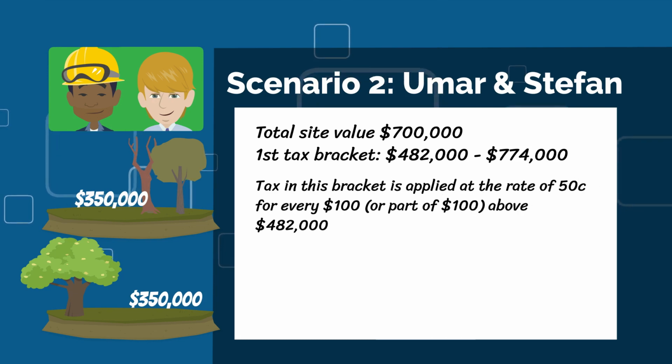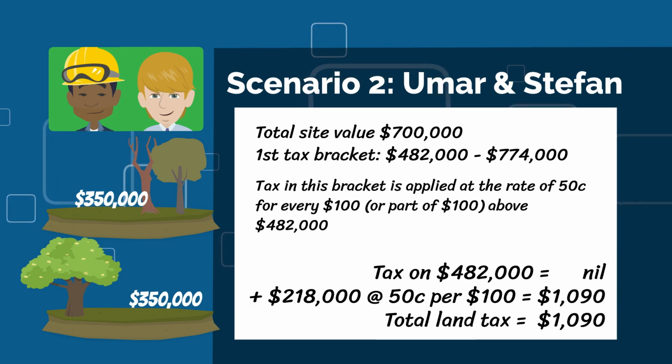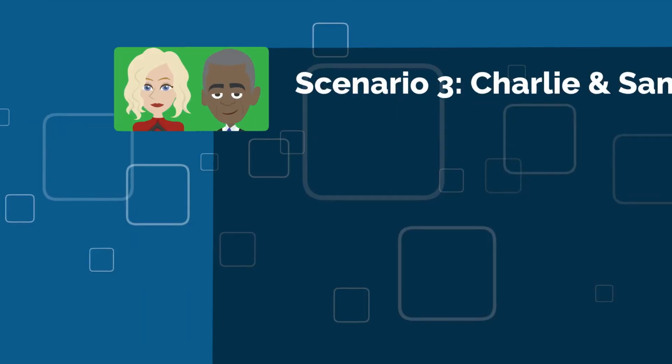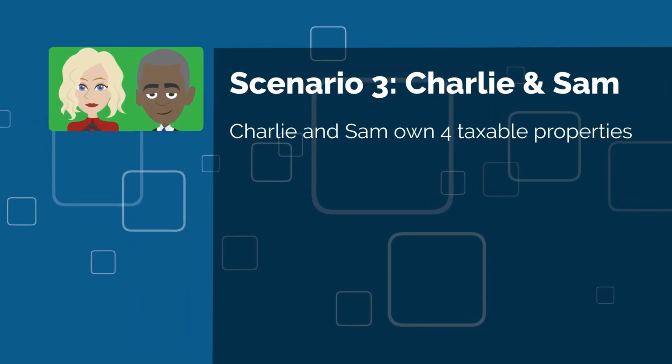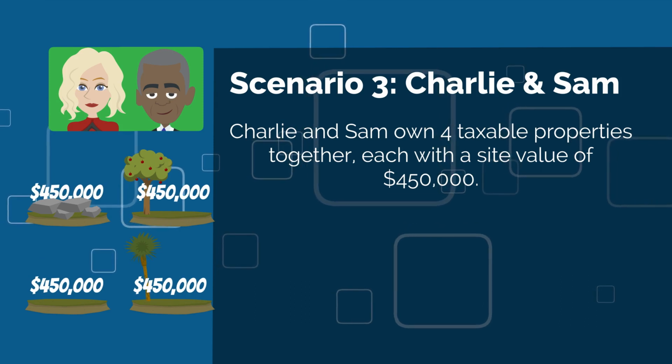Land tax on the difference between $482,000 and the total site value, which in this scenario is $218,000, is calculated at 50 cents per $100, equaling $1,090. Land tax payable in this scenario is $1,090.